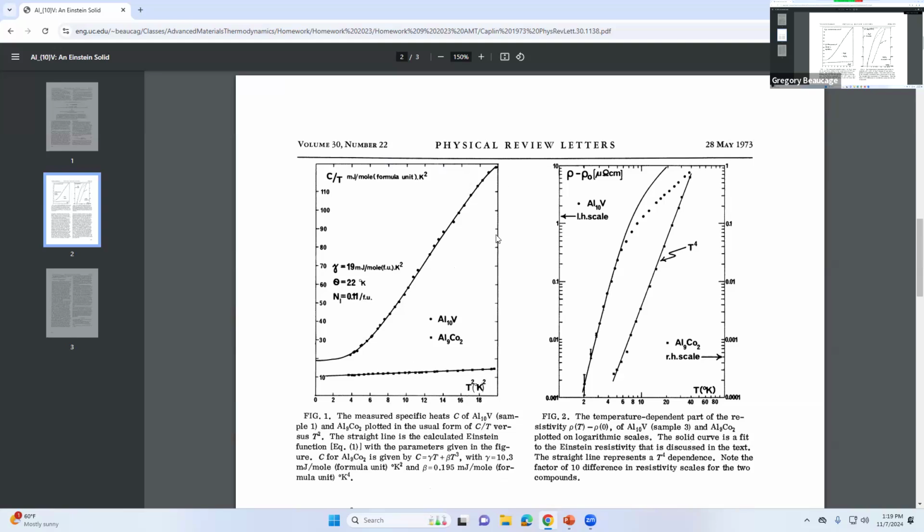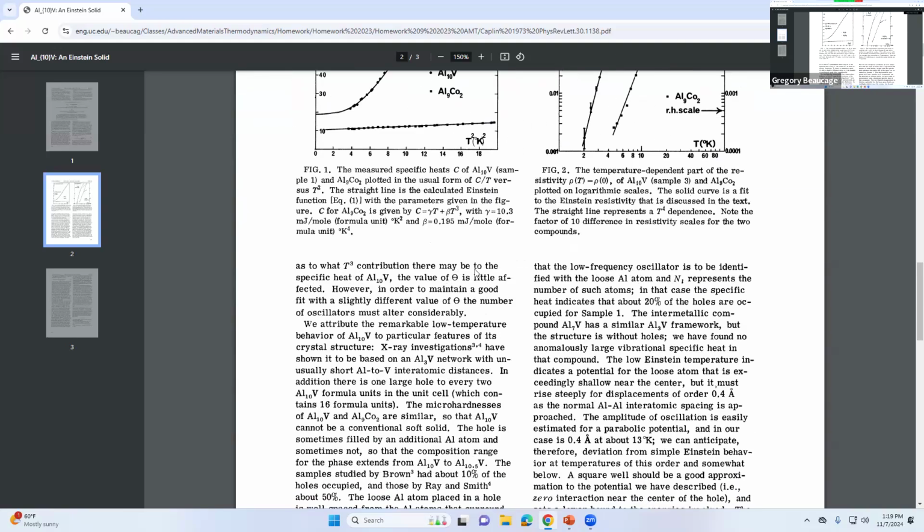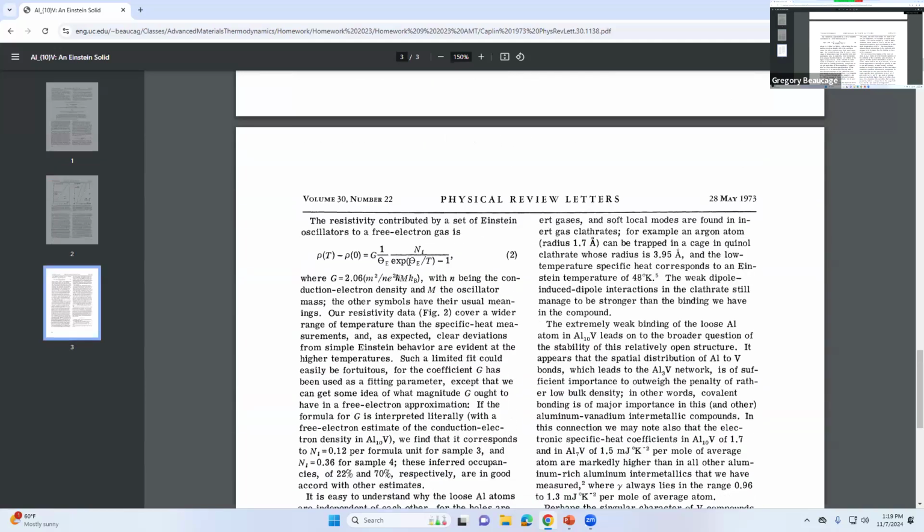And then he also takes the Bose-Einstein statistics, so 1 over exponential of this minus that is the probability, and he says he can calculate the conductivity using the Einstein model.